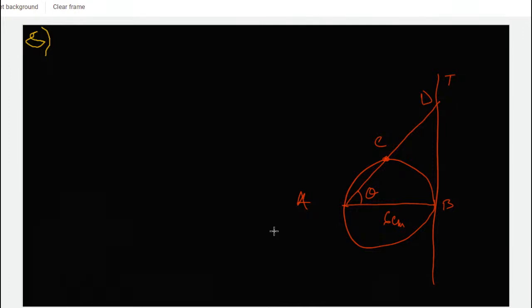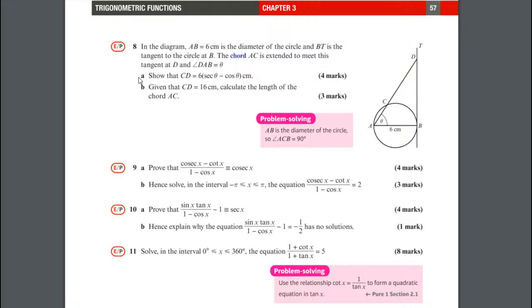If we consider the triangle ABD, we need cos theta and sec theta. We have to show this particular thing. If we have the total length of AD and from that we subtract the length of AC.